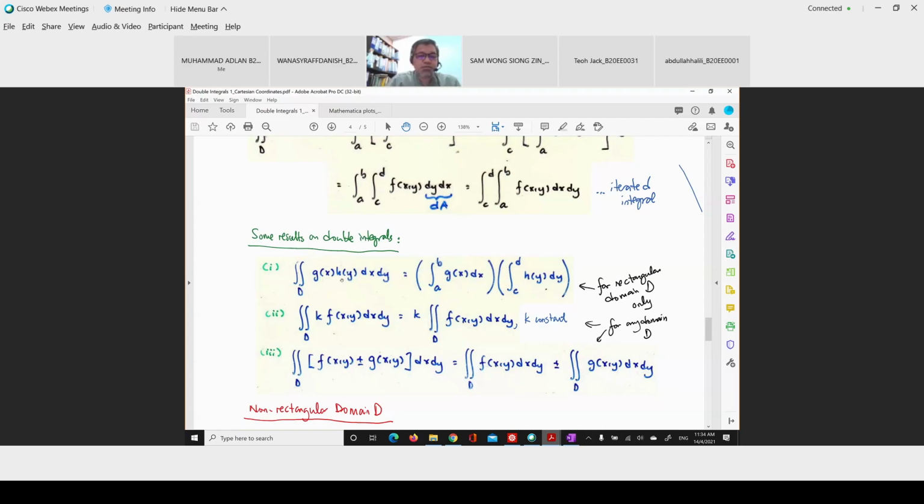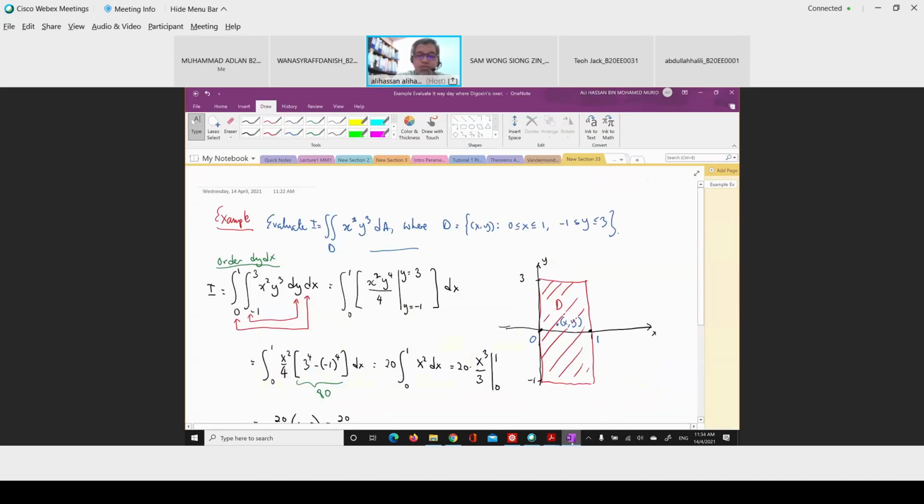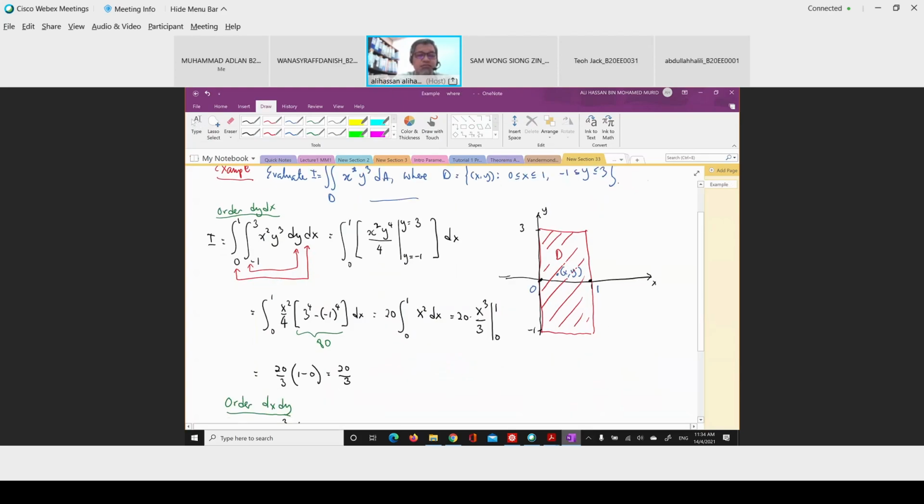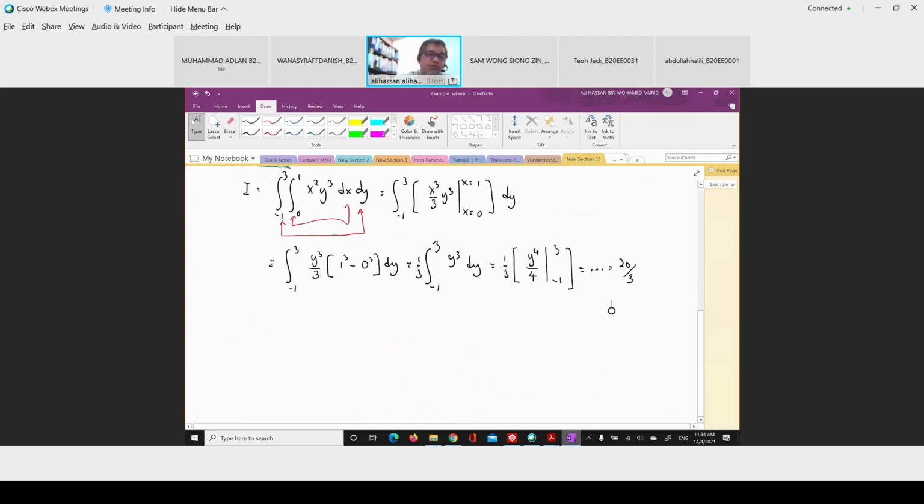If the integrand can be written as a product of a function of x alone times a function of y alone, then we can evaluate this double integral using this first result. But this is limited to a rectangular domain D only. Here we have a rectangular domain D, and the integrand is x squared y cubed, a product of a function of x alone times a function of y alone. So we have another approach for this example.